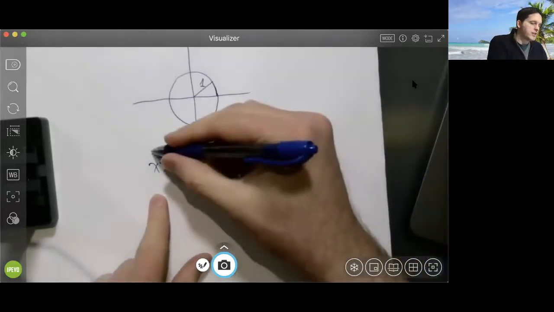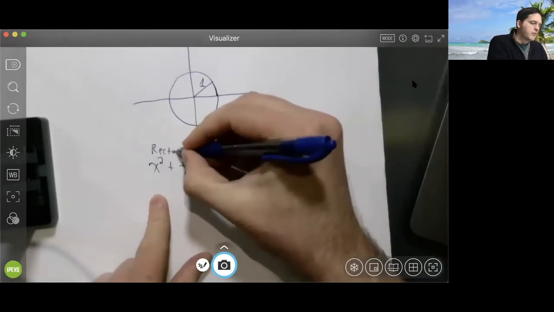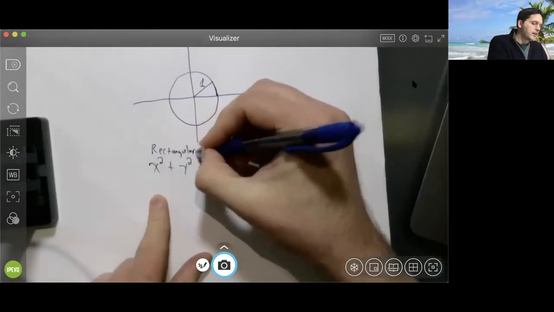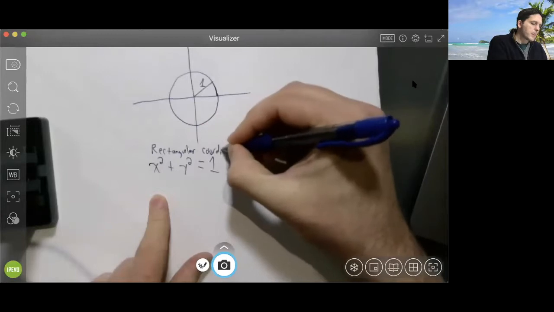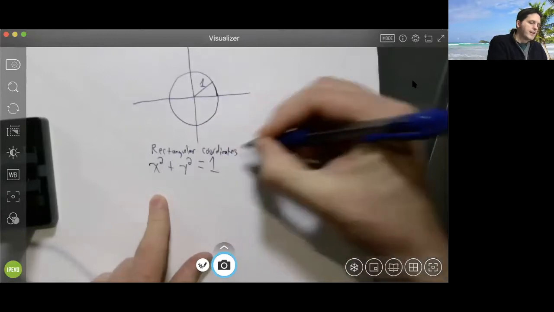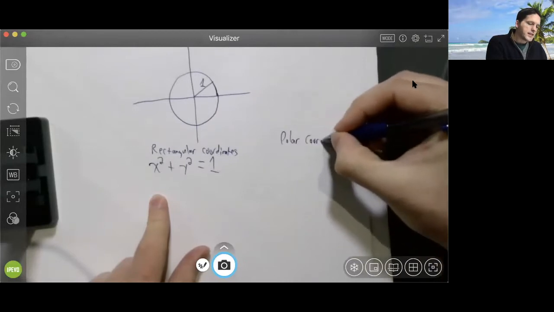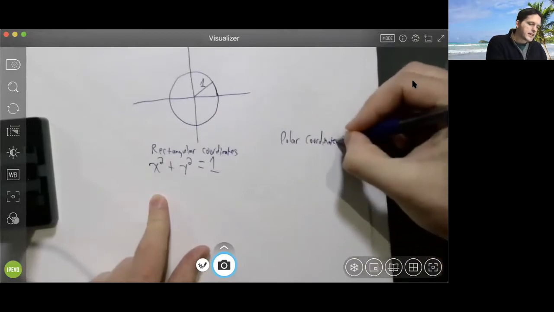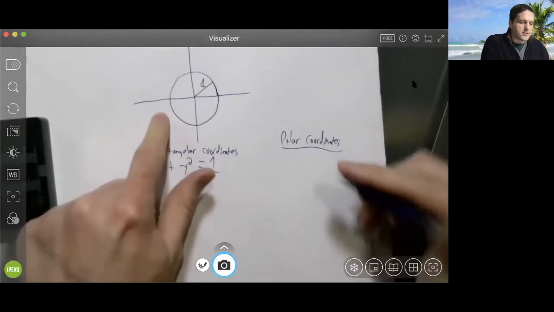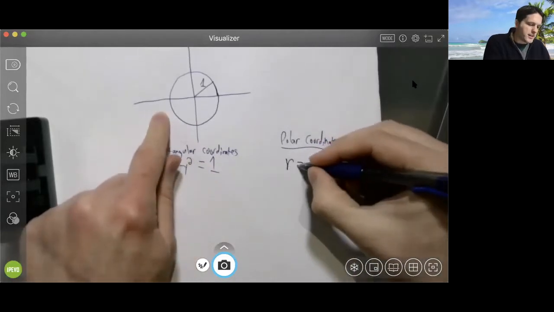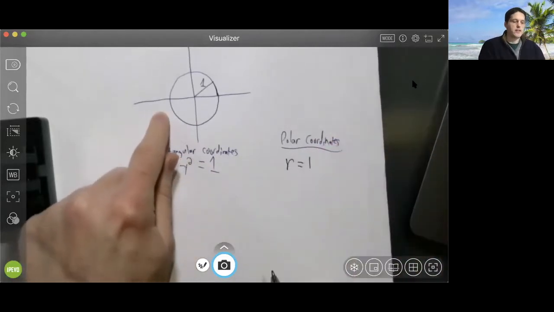This is the equation using rectangular coordinates. If we instead use polar coordinates, then the equation of this circle, the unit circle, is just r equals 1.